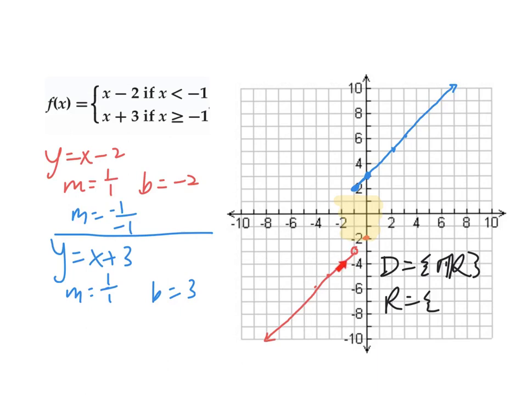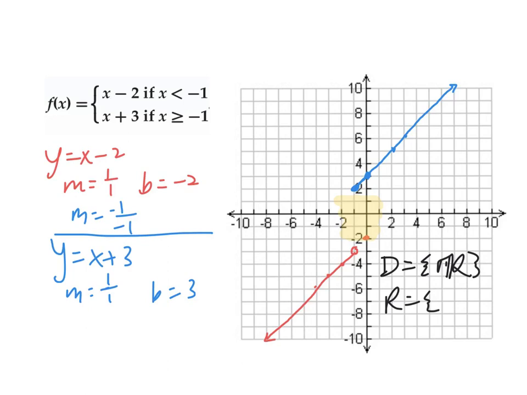The range for this, all these values down here work. So at -3 for y, less than -3, all those values down there work because they match up to the line. Everything less than -3 matches up to this red line, or everything greater than 2 matches up to this line. So that's where my inequality comes from.